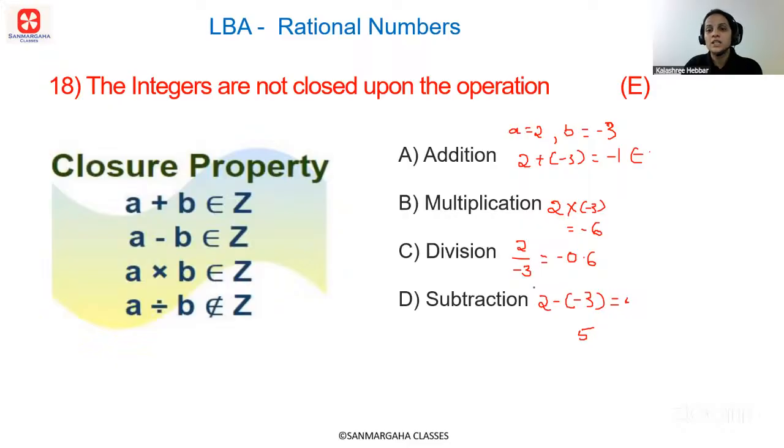Division gives 0.6, which does not belong to integers, and subtraction gives 5, which again belongs to integers. So the integers are not closed upon the operation of division. Option C is the correct answer.